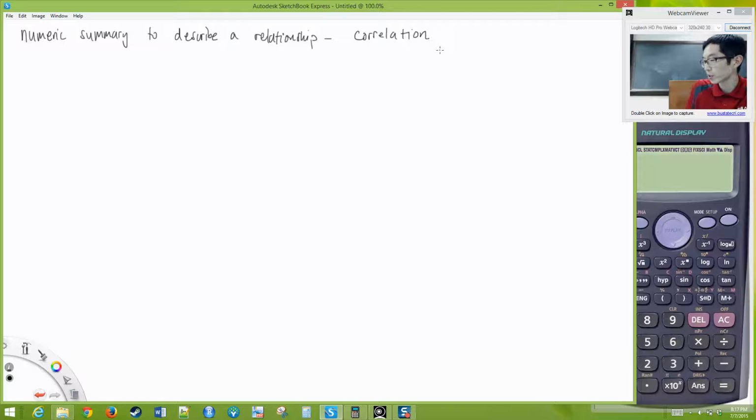The full name is the correlation coefficient. But if someone says correlation, they're talking about the correlation coefficient, okay? And the symbol is R.